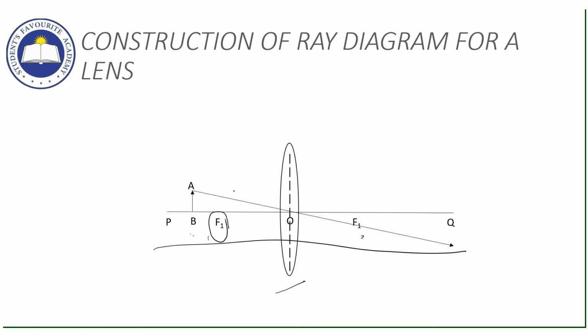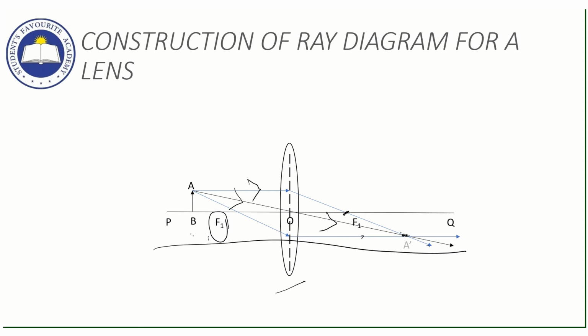Now, a light ray which passes through the optical center passes undeviated. Another light ray, which is parallel to the principal axis, will pass through the focus. So now these two refracted rays intersect at this point.